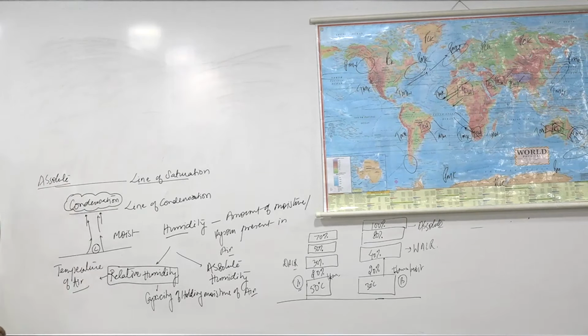Clear? It means in the dry adiabatic rate, the condensation will take place at a higher altitude, or the air will get saturated at the higher altitude. Whenever you see desert areas, the clouds are in patches.